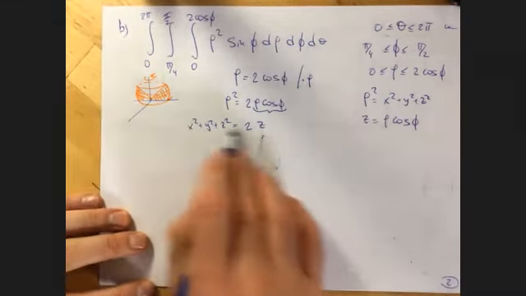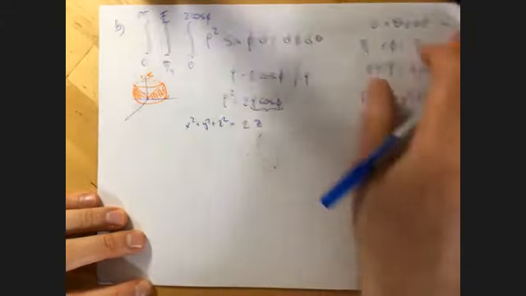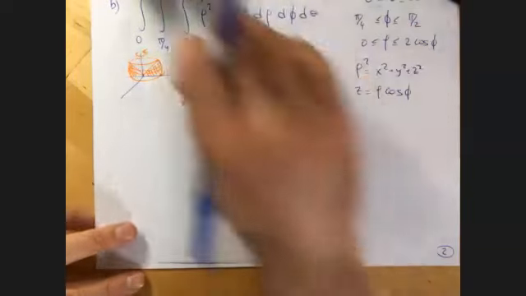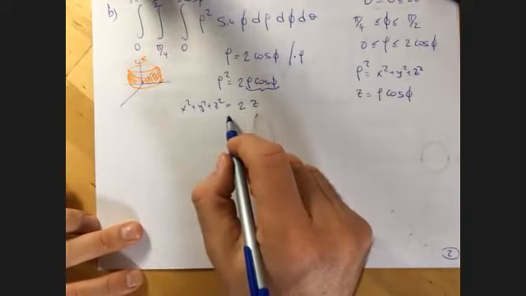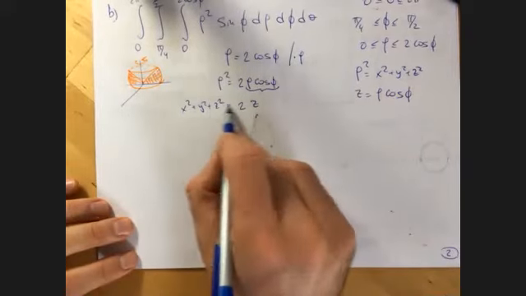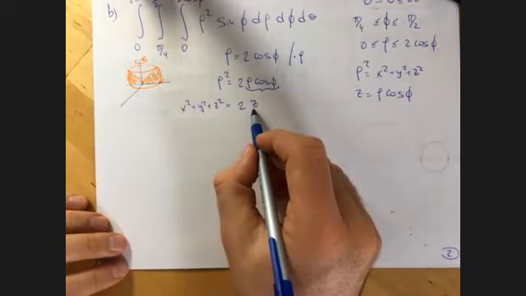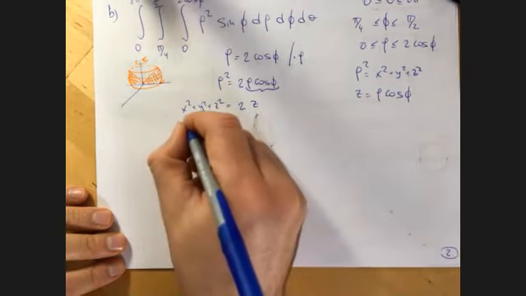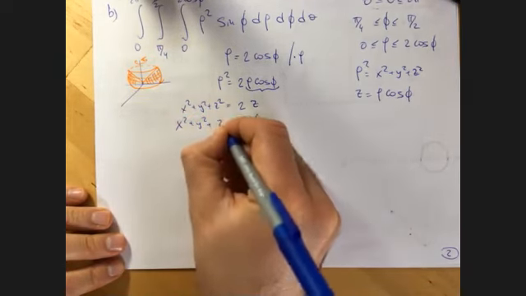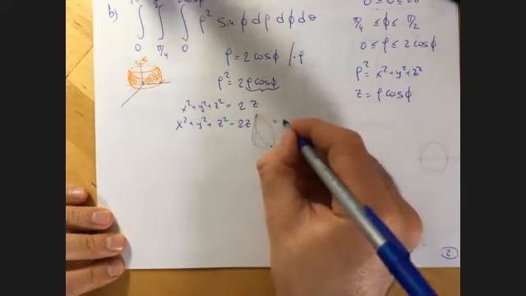And now, I don't know if you already recognize this or not, because I've done quite a lot of these problems. I can see that this is going to be a sphere centered not at the origin, but adjusted somewhere on the z-axis, okay? So what do we have to do? We have to complete the square: x squared plus y squared plus z squared minus 2z is equal to 0, right?